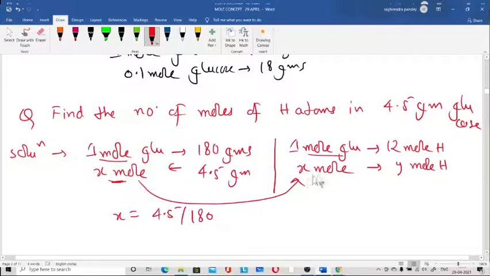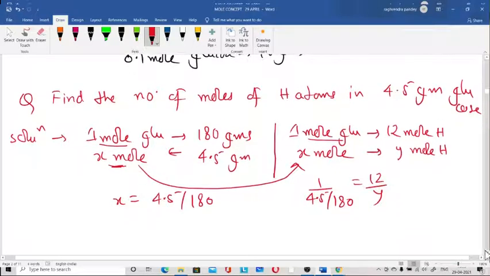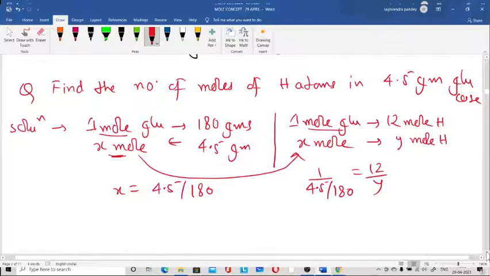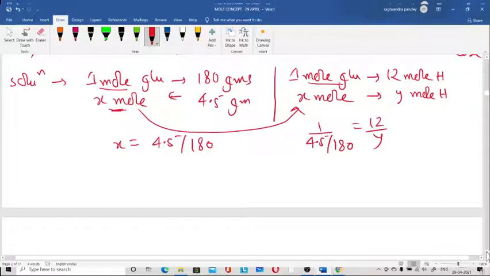Now you put X here: 1 upon 4.5 divided by 180 is your X, and 12 divided by that, so you can calculate the Y. I hope you can do the calculations. Any question? I have not calculated, but if you are getting it, this is also okay. Should I go ahead? Any question? No. Okay.